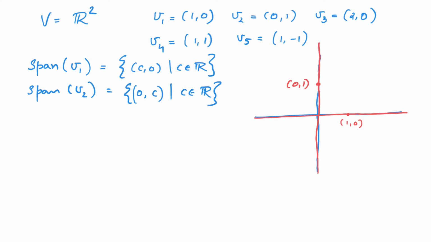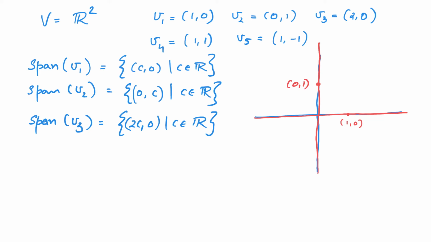Now let's try to see what is span of v3. Span of v3 is equal to the set of all (2c, 0) such that c belongs to R. But the set of all (2c, 0) is the same as the set of all (c, 0). So once again, this vector subspace is the x-axis.